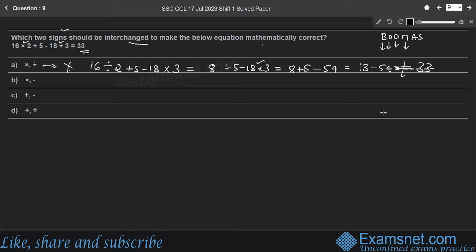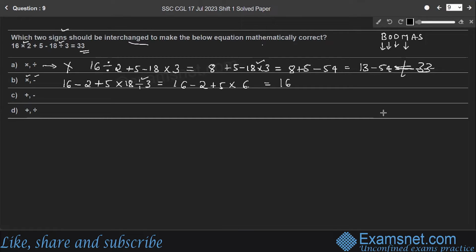Consider option B. If we interchange multiplication and subtraction signs, the equation becomes 16 minus 2 plus 5 into 18 divided by 3, right? Again by BODMAS rule, division comes first. So the equation becomes 16 minus 2 plus 5 into 18 by 3, which is 6.